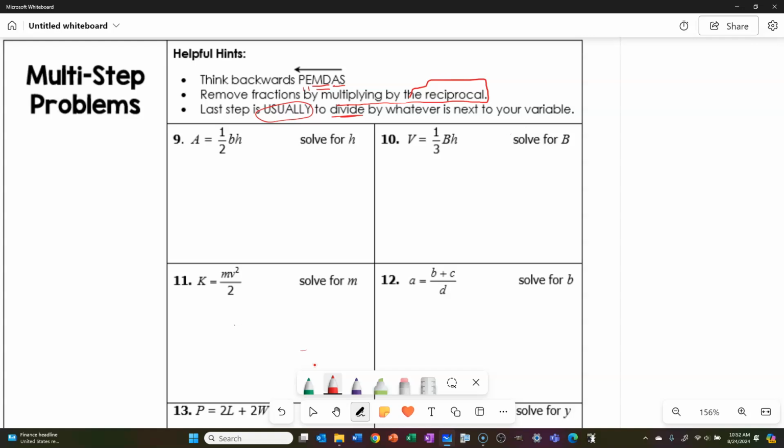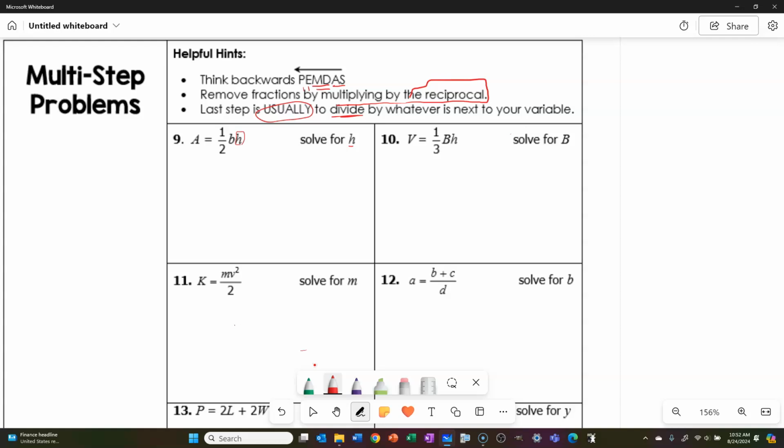So let's look at number 9. We have A equals 1/2 BH. That's the area of a triangle. Area equals 1/2 times the base times the height. We're solving for h, and we do know that all these are multiplied together, 1/2 times the base times the height. But I'm going to take care of the 1/2 separately.